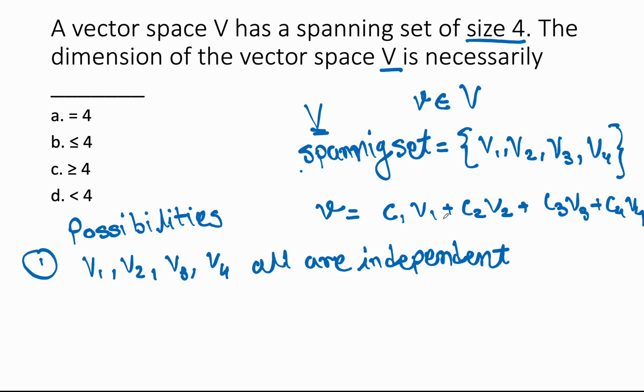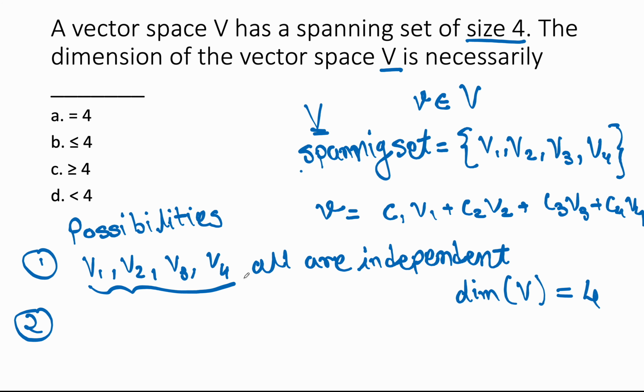So if all vectors are independent, they will span the four-dimensional space. So in this case, the dimension of V is equal to 4. Now the second possibility. Here all four were independent.